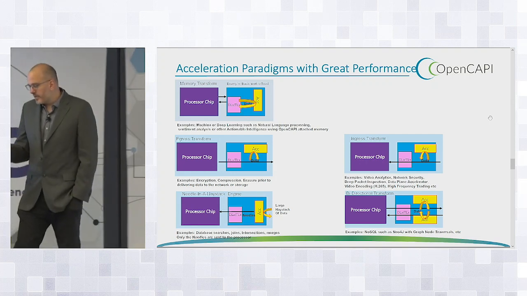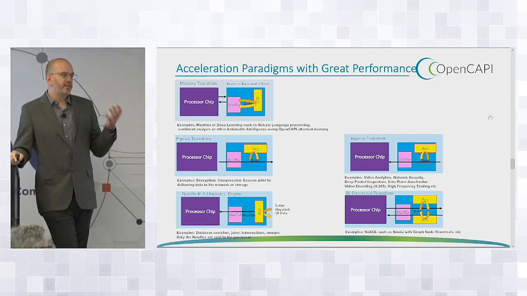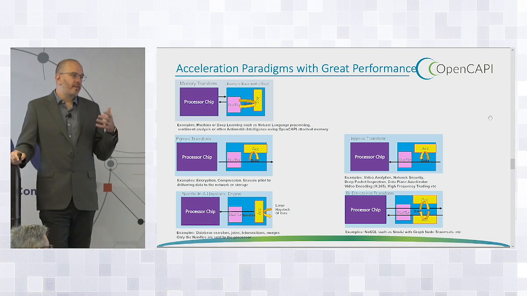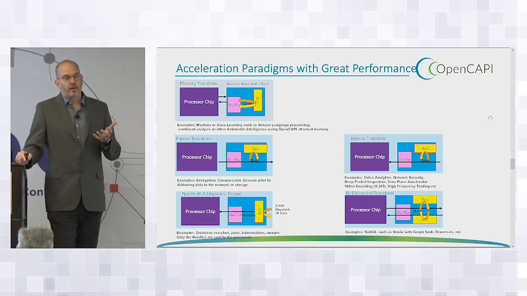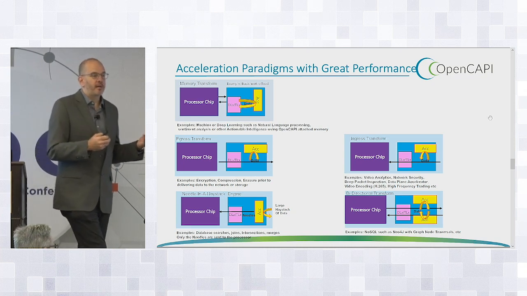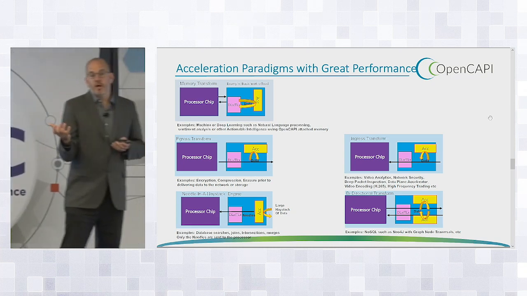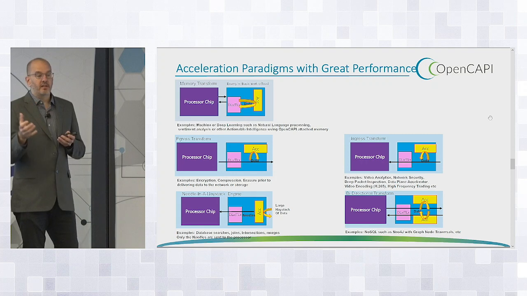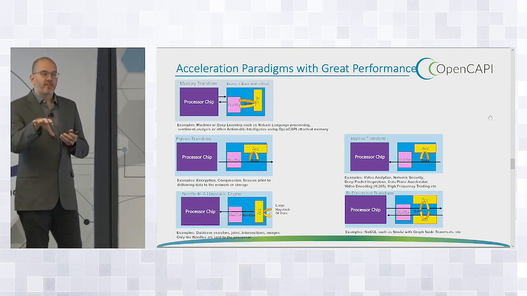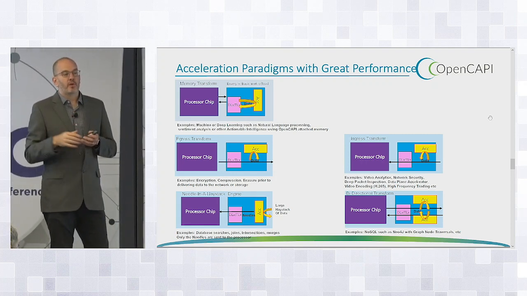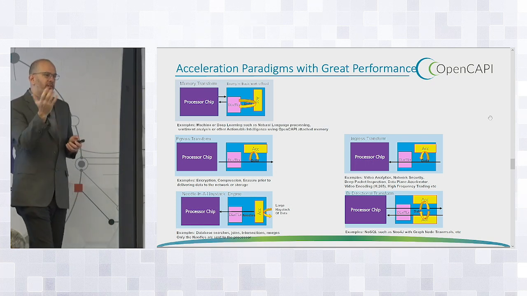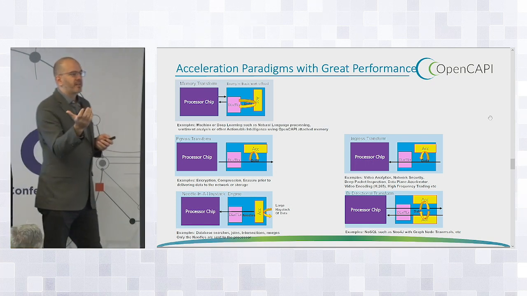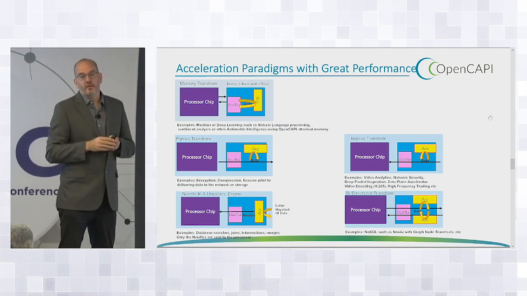Accelerators, and this is interesting, as memory devices become more sophisticated, they want to be more than just slaves. If I have a device that is doing compression, it wants to be a memory slave some of the time, but it also wants to master operations. I think we saw in some of the earlier presentations a device memory out there that has the ability to compress and decompress data as it goes.